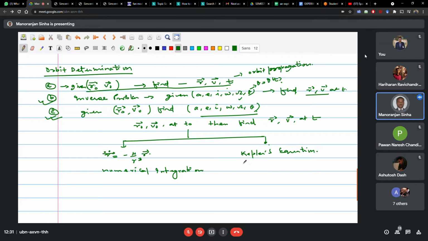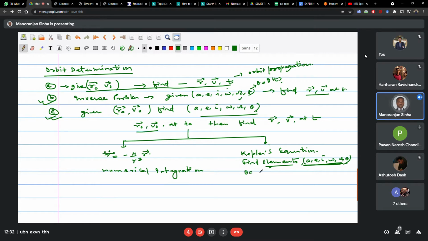So here what we do, find elements. Given R0, V0, find elements a, e, i, etc., capital omega, theta. All these five quantities are constant. Theta is varied.